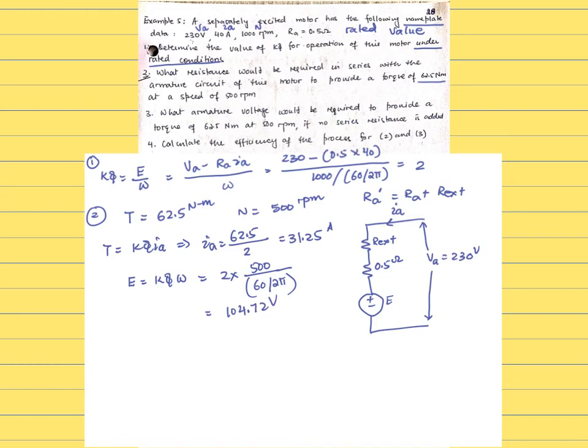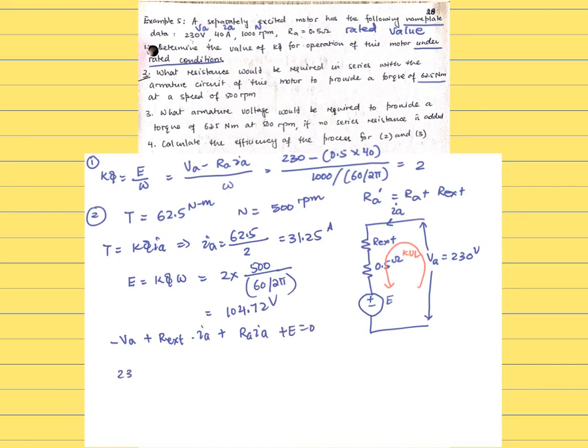And then what do I need? The resistance. So I'm going to write a KVL here. That KVL will be negative VA plus R external times IA plus RA IA plus E equals 0.